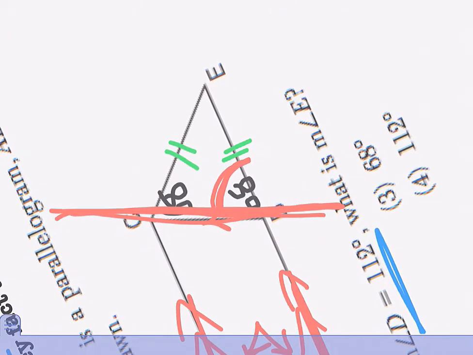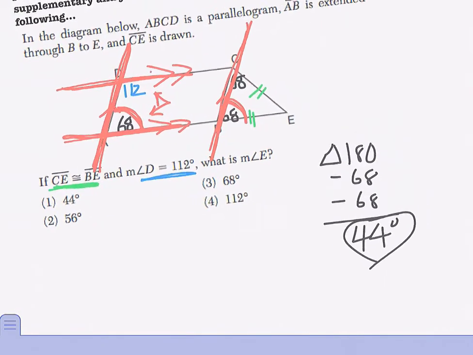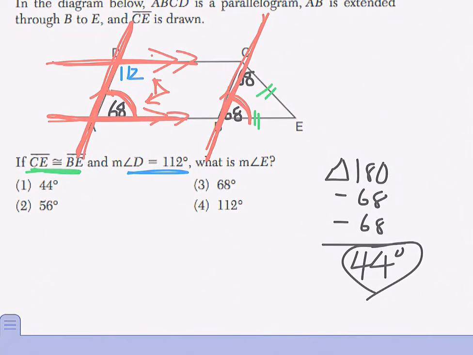If these two sides are equal to each other, then I know that these two angles have to be equal to each other, and that's how I located this angle up here at BCE at 68. Finally, I just have one last little arithmetic step to do, and that's to say that the triangle is worth 180 degrees. Subtract 68 and subtract 68 again brings me to an answer of 44 degrees.